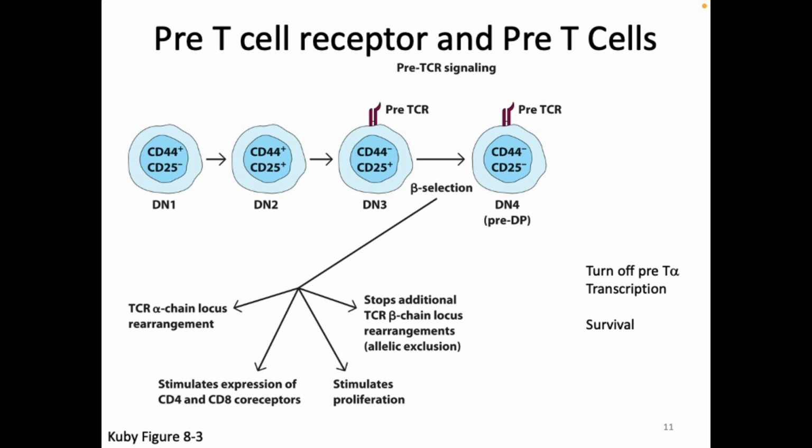And now we can actually start to rearrange our TCR alpha chain. When we start rearranging our TCR alpha chain, we also start transcribing and translating both CD4 and CD8 so that we can now do some signaling.